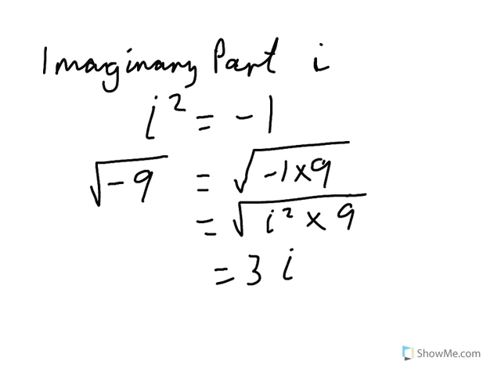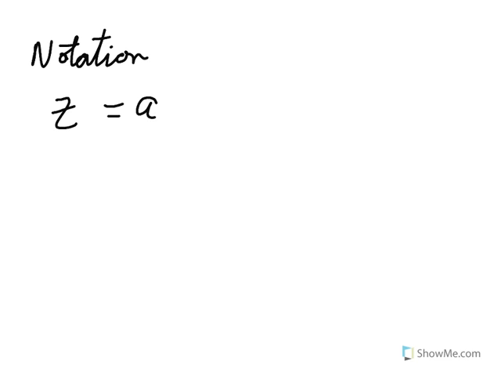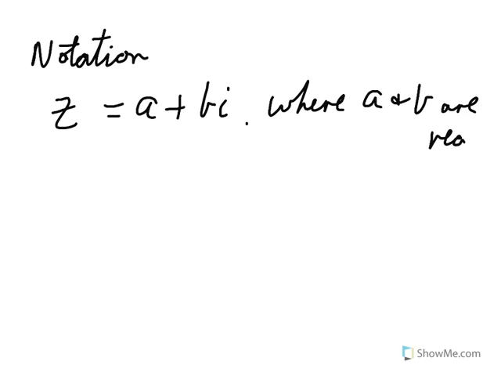So we have a complex number. Now, the notation that we use for complex numbers is this. z is the symbol that we use. z equals a plus bi, so it has two parts, where a and b are real.